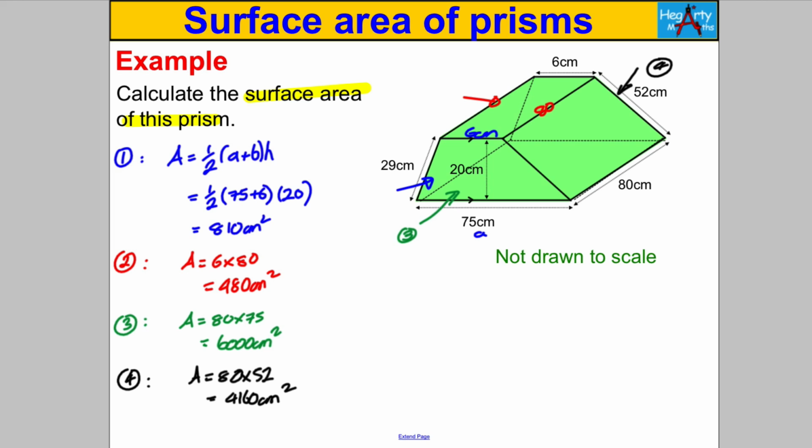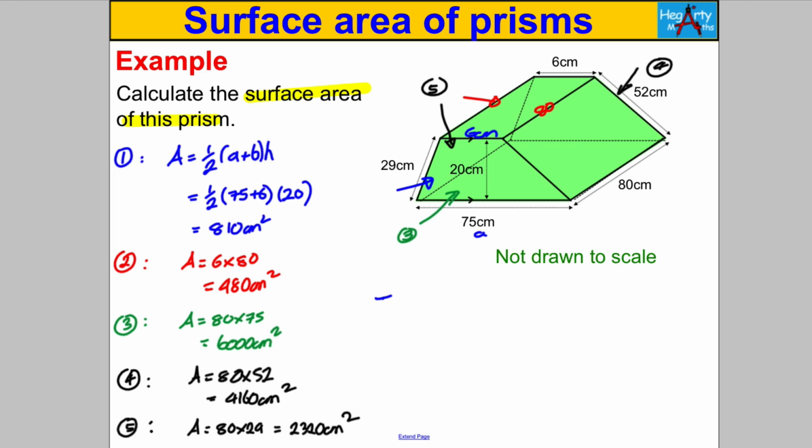And the last one, we just need to imagine this one at the back, which is going to be a rectangle, which I'll call number 5. Now that one there, because that's 80, that is 80, and the slanted height here is 29, so it's going to be 80 multiplied by 29. The area here is 80 times 29, 2320. So we're going to get 2320 centimeters squared.